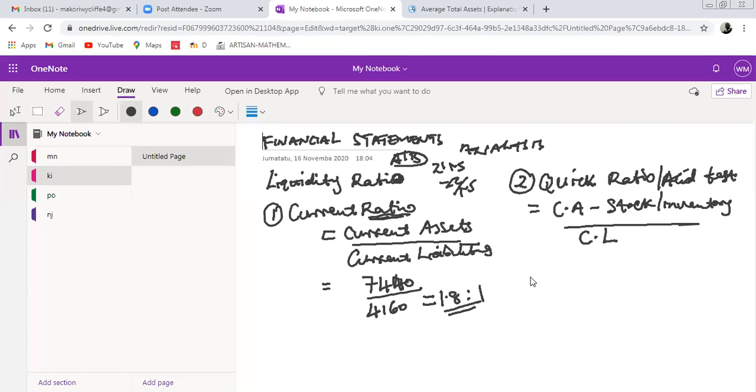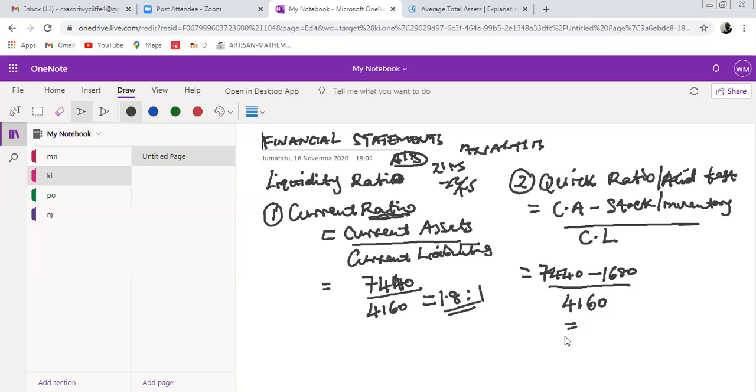For our question here, if you were to calculate that, the current assets we had were 7440. 7440 minus, what is the figure for inventory? The figure for inventory is 1680, and then we divide by the figure for the current liabilities, which is 4160.